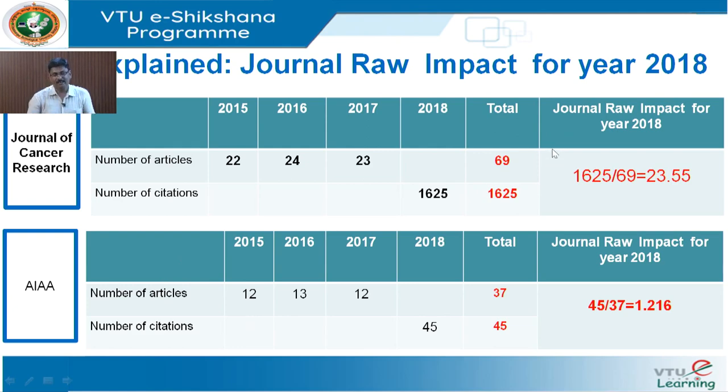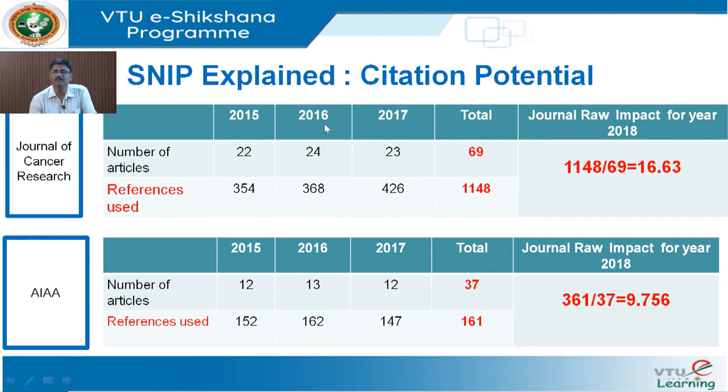So how do you normalize? Apart from this, the citation potential also is calculated for SNIP. For example, the number of references in papers published by Journal of Cancer Research are 22, 24, 23. To write these many papers, they have used these many references. They have used these many references means they had given citations to other journals, right, other papers.